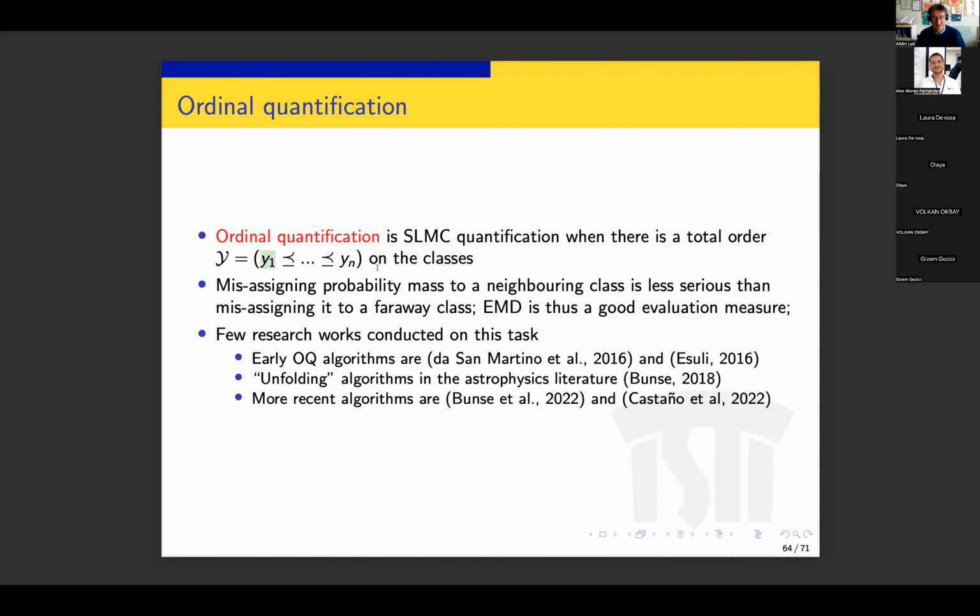So there have been some early ordinal quantification algorithms back in 2016. Mirko Bunse actually discovered that essentially the same task, which we call ordinal quantification, exists in the astrophysics literature, where it is called unfolding.